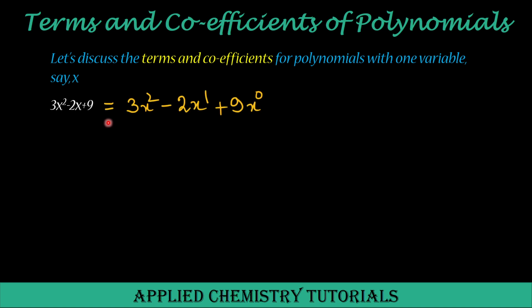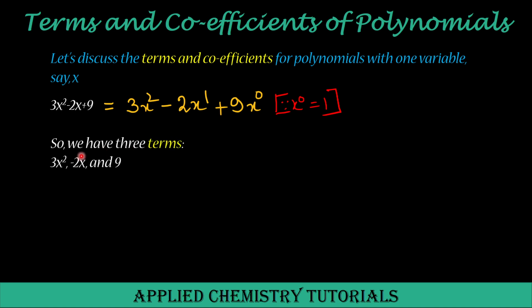This can be rewritten as 3x squared minus 2x to the power 1 plus 9x to the power 0, as x to the power 0 is equal to 1. So here we can clearly see that this polynomial has three terms: 3x squared, minus 2x and 9.